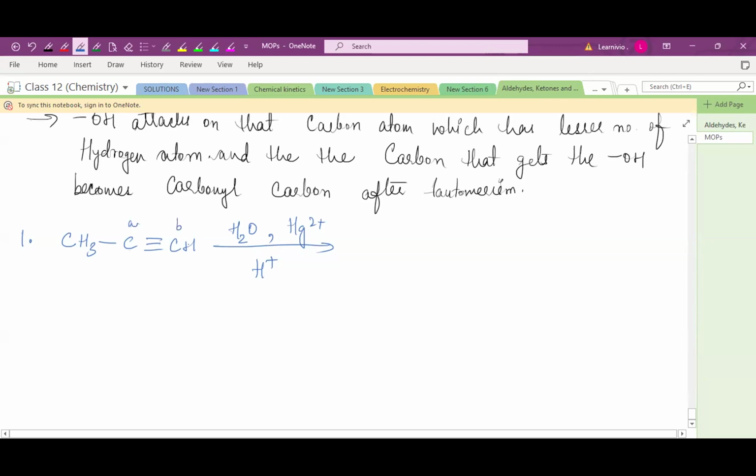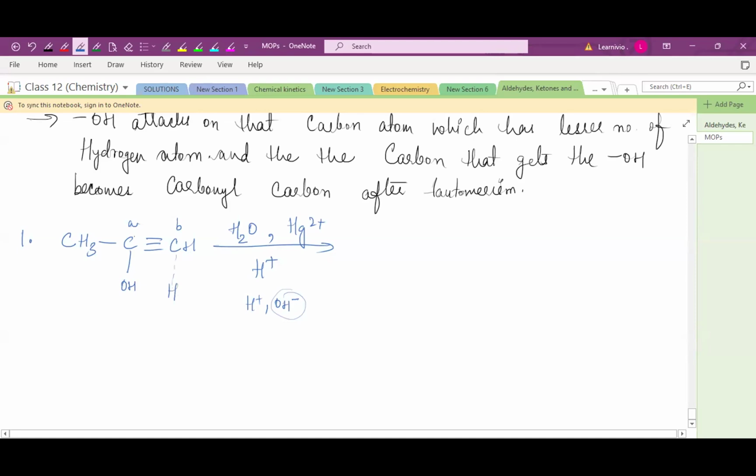So the OH- group you have to attach to that carbon which has lesser number of hydrogen or no hydrogen. You can see the B carbon has only one hydrogen and the A carbon has no hydrogen, right? So it's very simple. You attach OH to the A carbon, and the hydrogen to the B carbon.